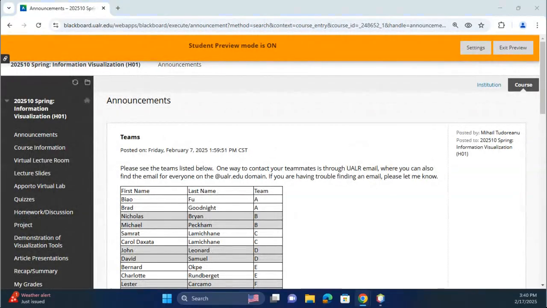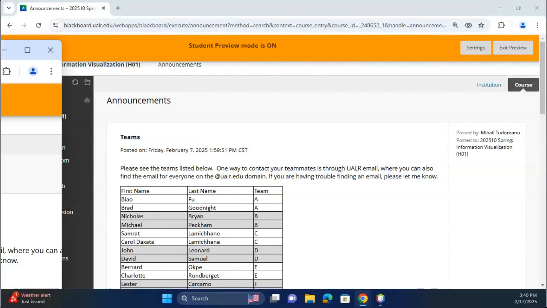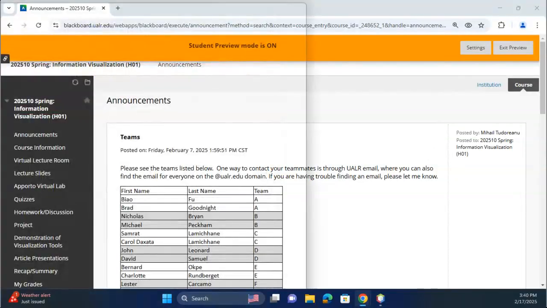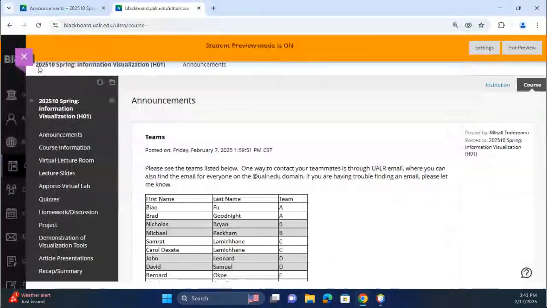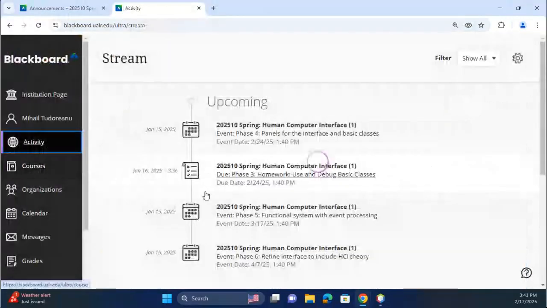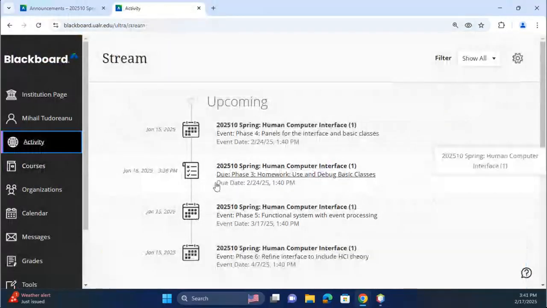One more piece of advice. I noticed, and again, Blackboard changes, so maybe they fixed this, but if you go here to your activity, the homework discussions won't show up. So don't rely on the activity feed for the homework discussion.